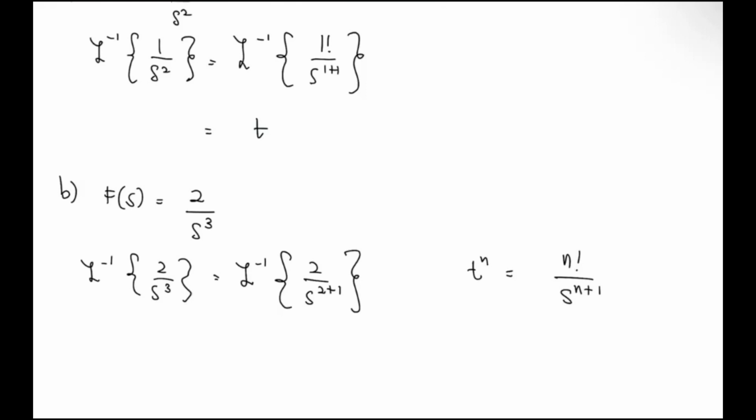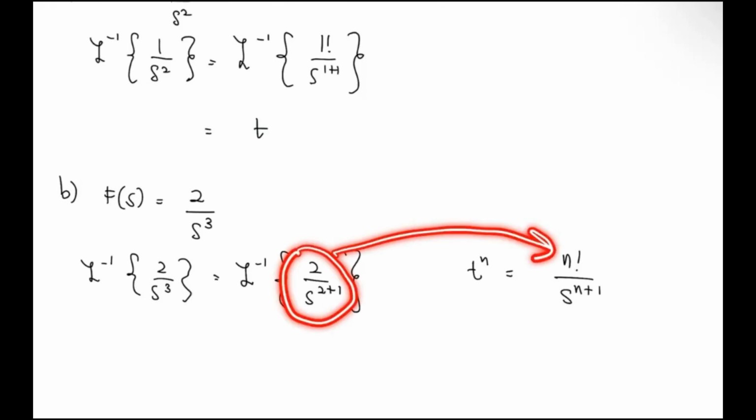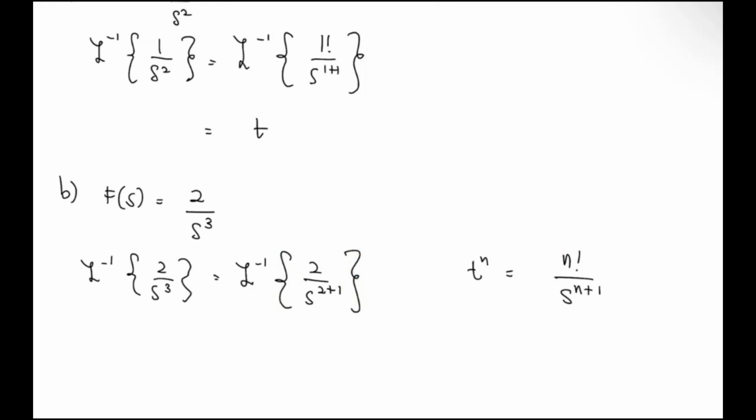So we need to modify this function so that you can use this transformation. So how to modify this function? First, because this is 2, I can just put 2 outside. And then here I have 1, so 2 plus 1.